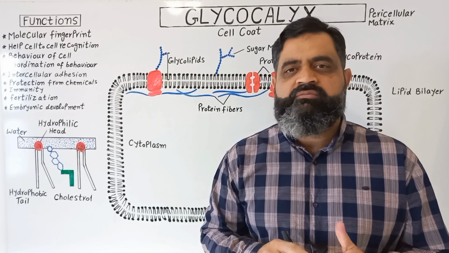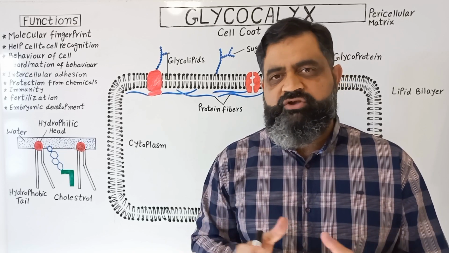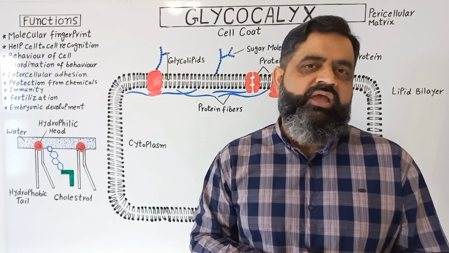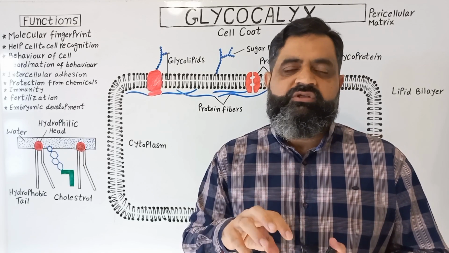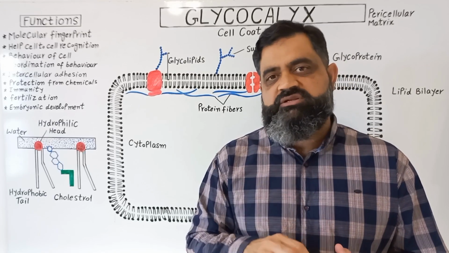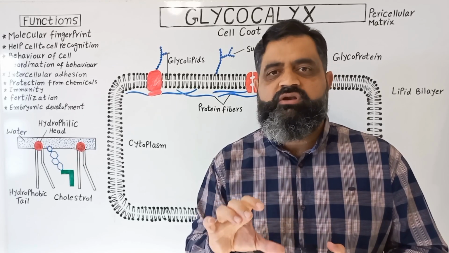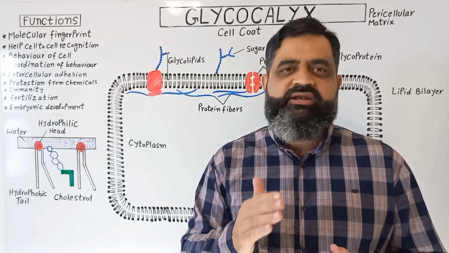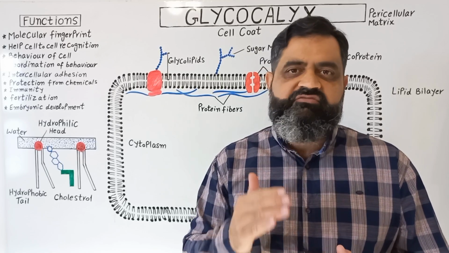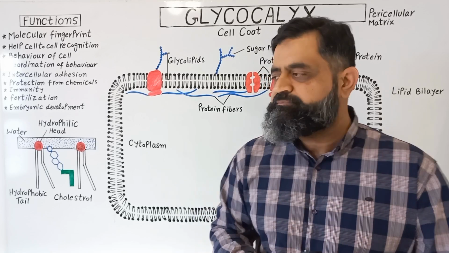Just like there are millions and trillions of humans living on earth, and every single person has a different fingerprint, in the same way different types of cells in the body have a different molecular fingerprint, which is formed with the help of glycocalyx, so that each type of cell can be differentiated from another type of cell.